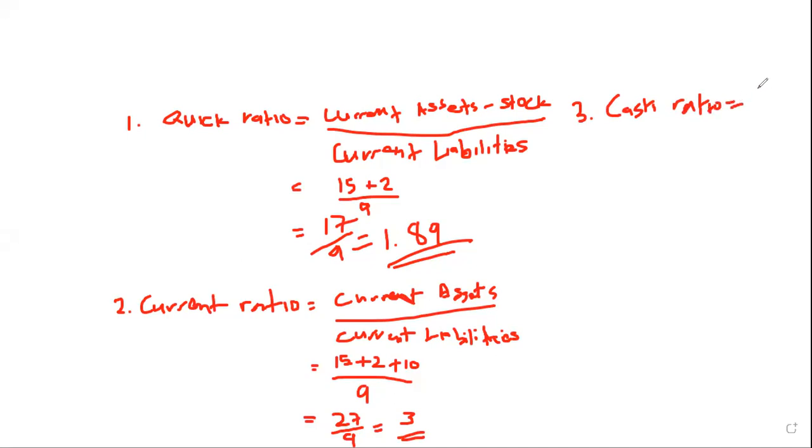So cash ratio is equal to cash and bank over current liabilities.